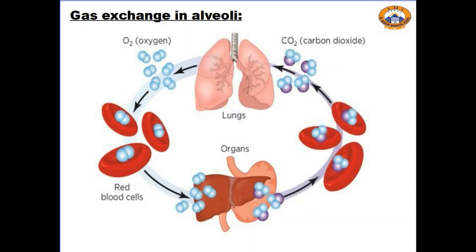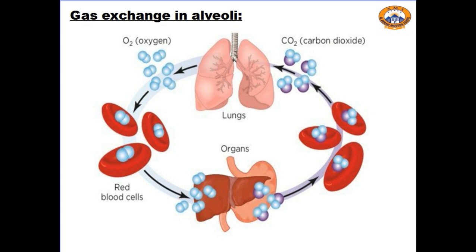One more time, what is the gas exchange? The blood takes the oxygen from your air sacs to transport it to all your body cells to undergo the respiration process. And after the waste products are produced, like the carbon dioxide gas, the blood is going to take this waste back to the alveoli inside the lungs to get rid of it. Okay, this is known as the gas exchange.